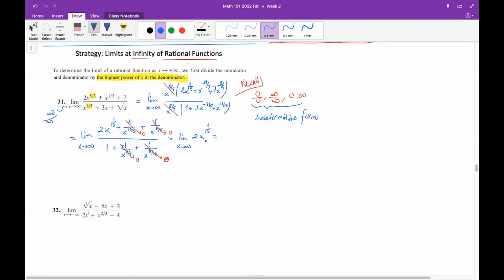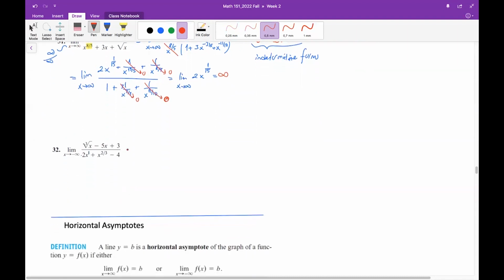If you send x to infinity, infinity to the power something is always infinite. This is how you should proceed once you have a polynomial over polynomial and x goes to infinity. You will take the highest power of x as a common multiple in front and you will start simplifying things. This will be an exercise for you.